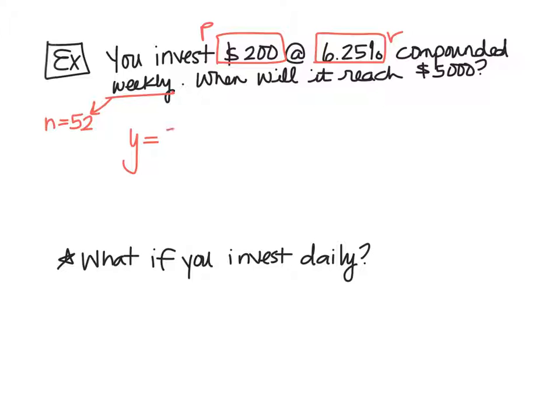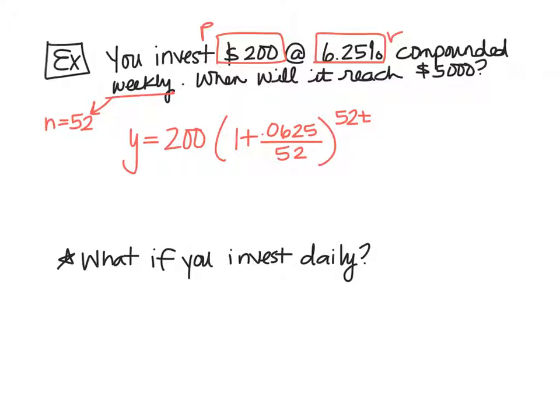So y equals 200 times 1 plus 0.0625, except this time, because it's happening over and over again, we have to divide by 52. And we're going to raise that to the 52 times t power.